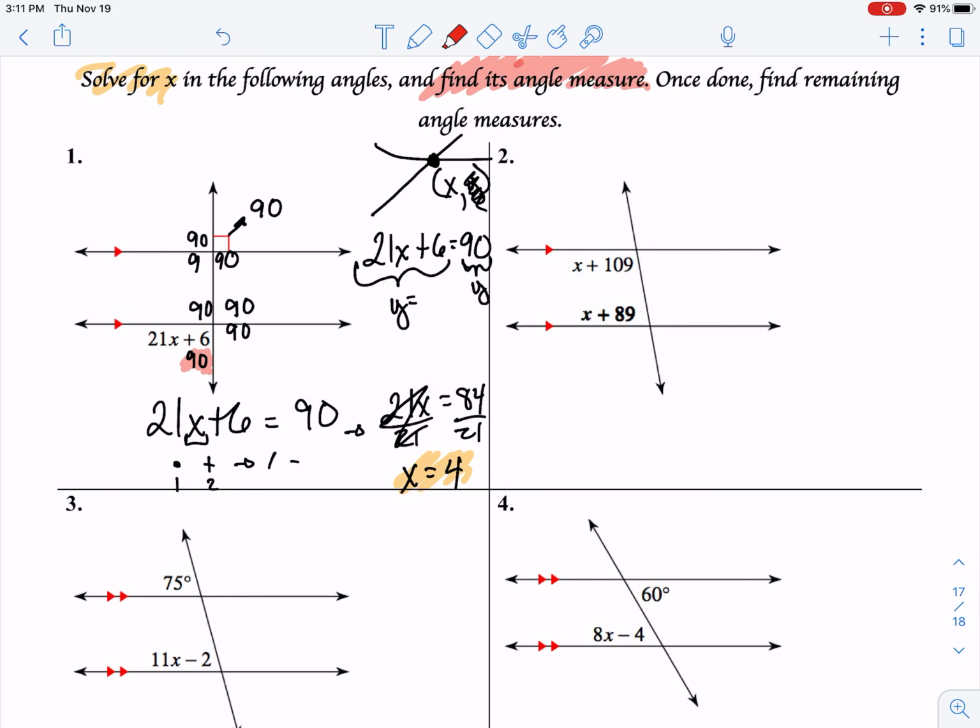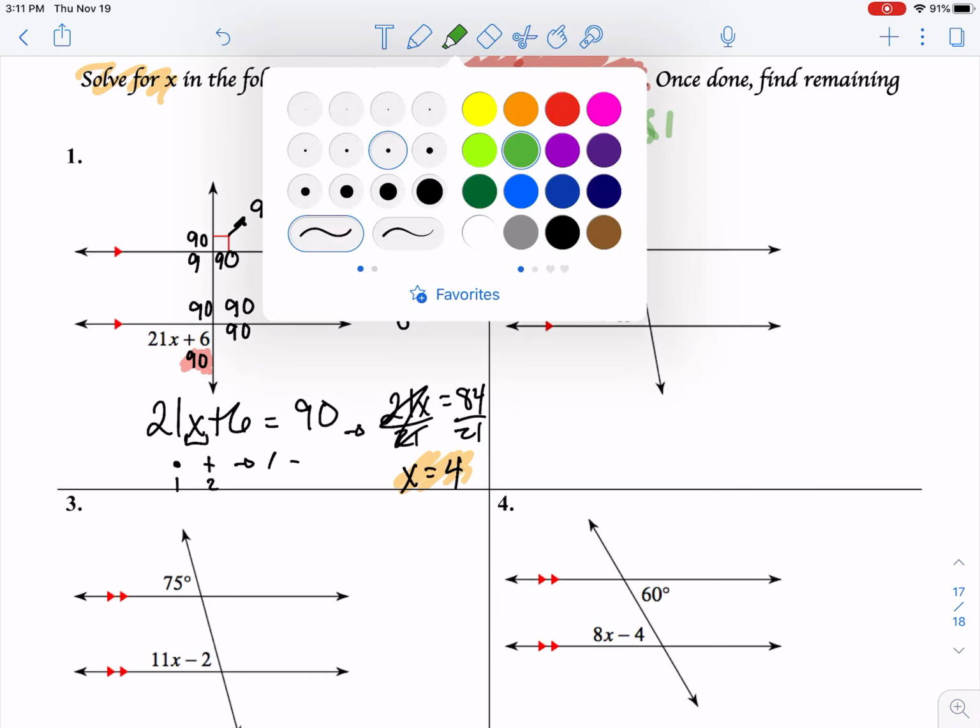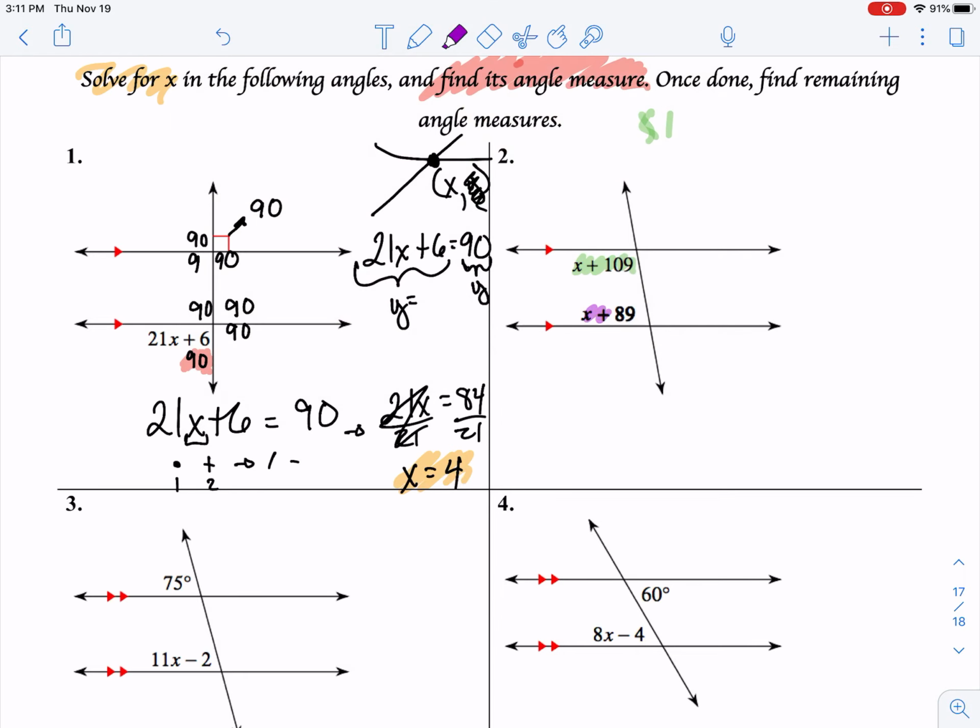In number 2, this one is small, that one's big. They're different. So if I label this one as angle 1, purple is angle 2. The relationship is that they add to equal 180.